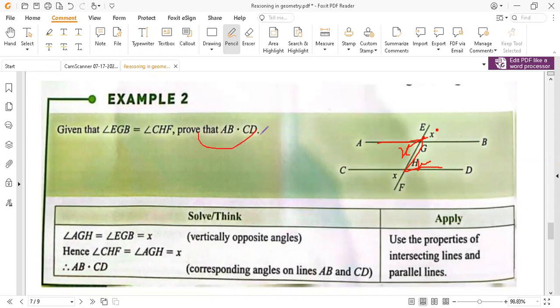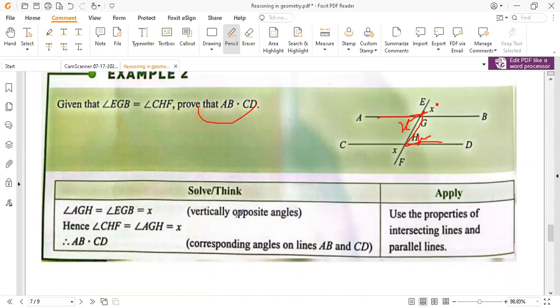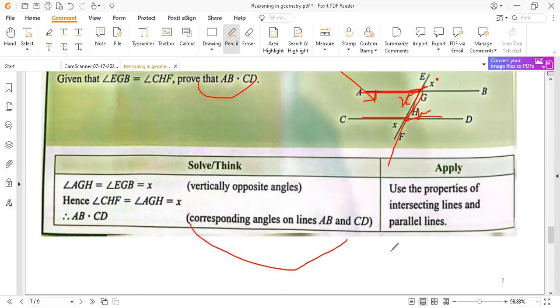You can prove that AB is parallel to CD in a different way. You can say also that we have an x. So we can find the letter F here. When we find the letter F, it is a corresponding angle. Then AB and CD are parallel.